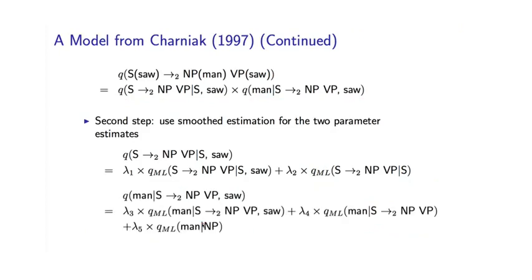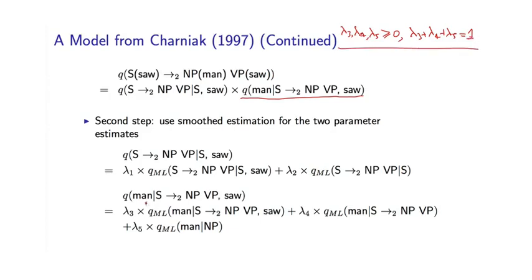So now let's look at the second parameter, this parameter here, and we'll use a very similar method. Again, a smoothed estimate. I'm using parameters lambda 3, lambda 4, lambda 5 to distinguish these from lambda 1 and lambda 2. So again, we have lambda 3, lambda 4, lambda 5 greater than or equal to 0, lambda 3 plus lambda 4 plus lambda 5 is equal to 1, the usual constraints.